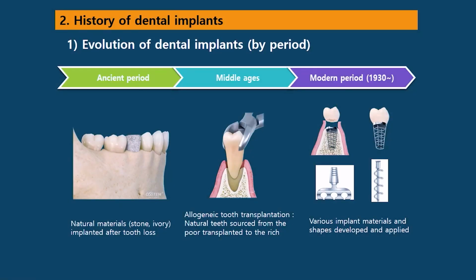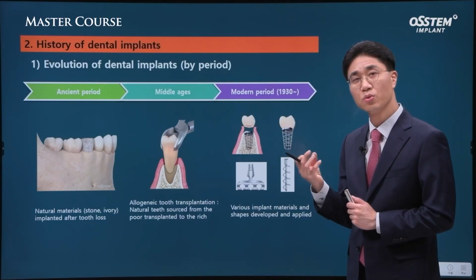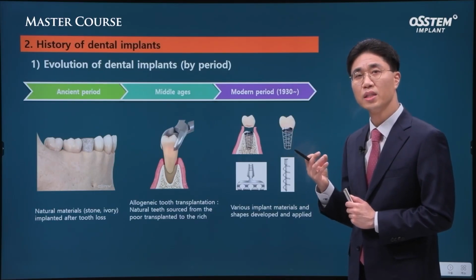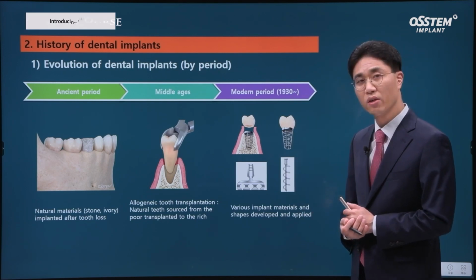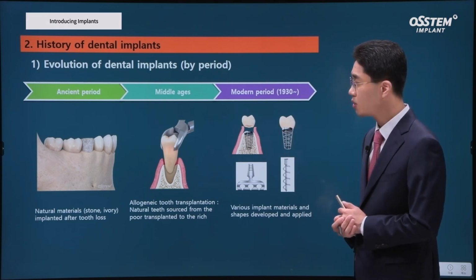The history of dental implants. We have continued to make advancements. Let's briefly look at the history. In the ancient era, it's different from what we now perceive as implants, but for people with missing teeth, artificial teeth were placed to replace the missing teeth.